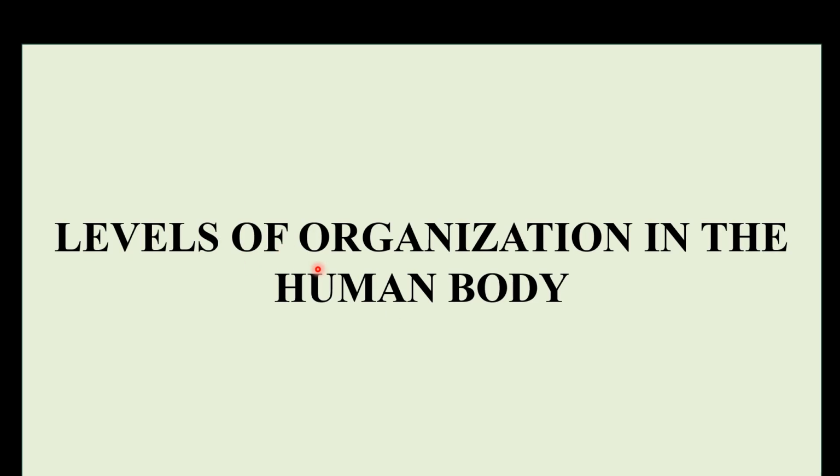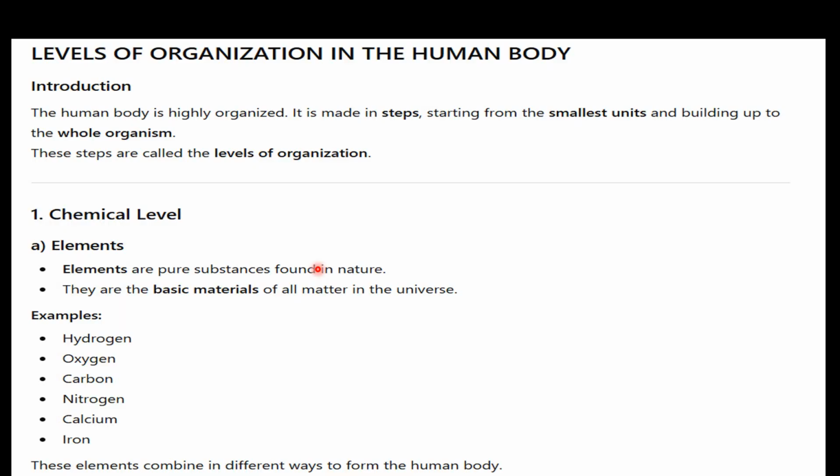Today's topic is: what are the levels of organization in the human body? If someone asks you this question in interviews, you can simply answer that the human body is a highly organized body, because it is made in steps, starting from the smallest units and building up to the whole organism.